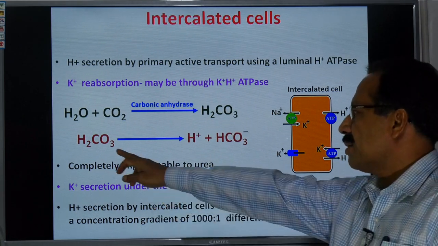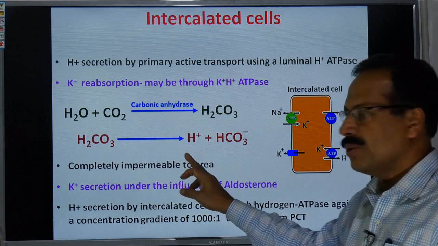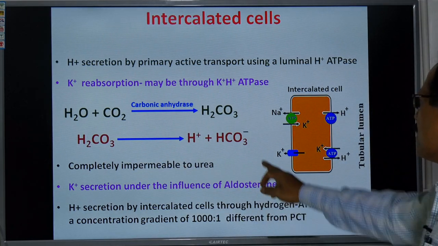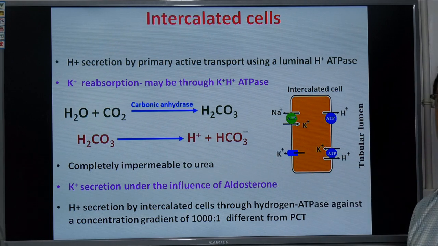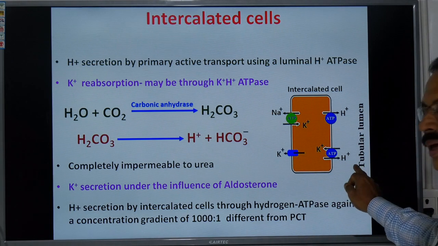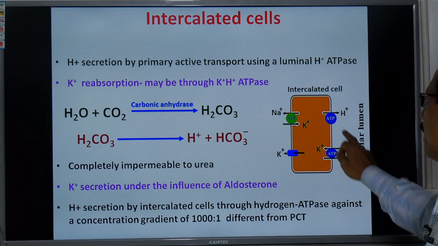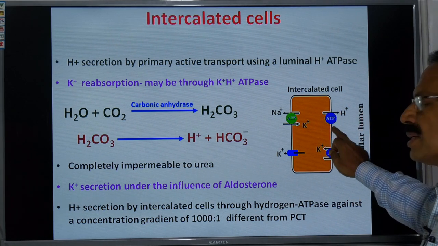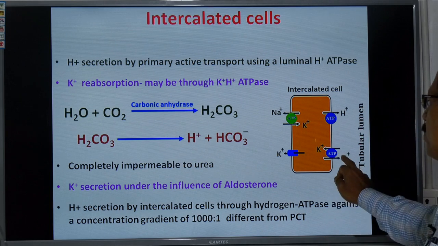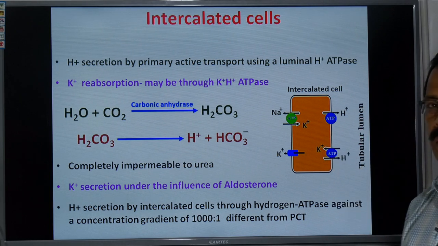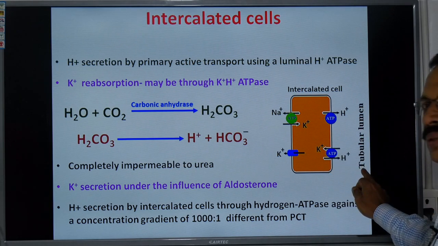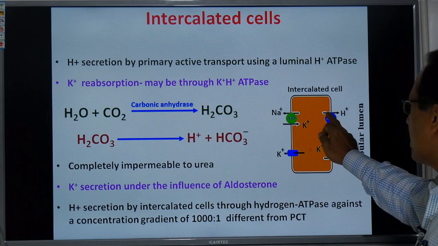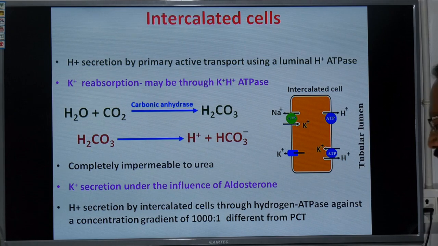This carbonic acid is quite unstable and splits into H plus and HCO3 minus ions, and this H plus is secreted into the tubular lumen through two channels, the H plus ATPase channel where hydrogen alone is secreted, and also the H plus K plus ATPase channel where H plus secretion and K plus potassium ion absorption is happening. Both these are active processes.